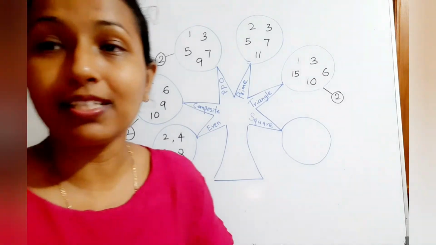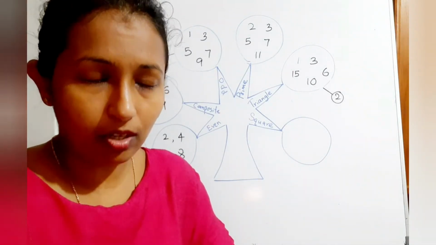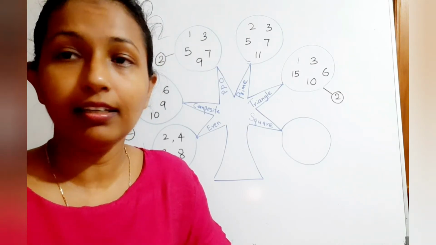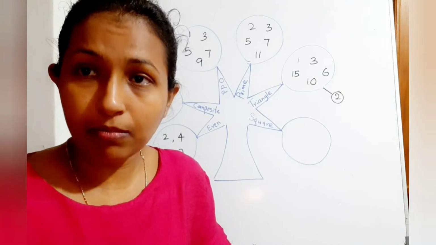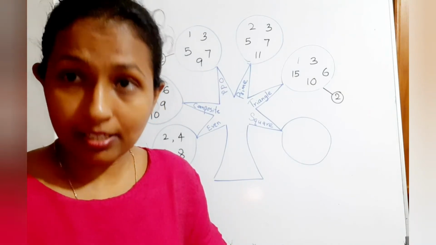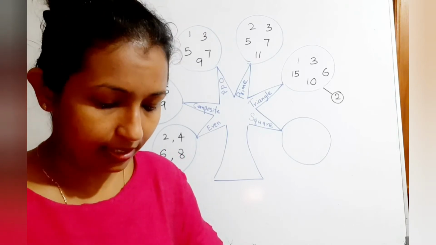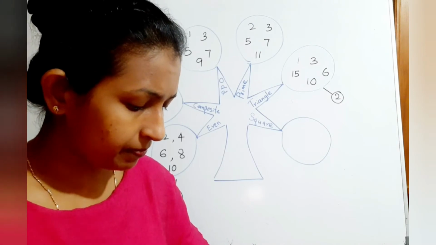Then square numbers. Square numbers we also discussed in the first part. Square numbers means the numbers that can be represented in a square by dots. What are the square numbers that we can see here?